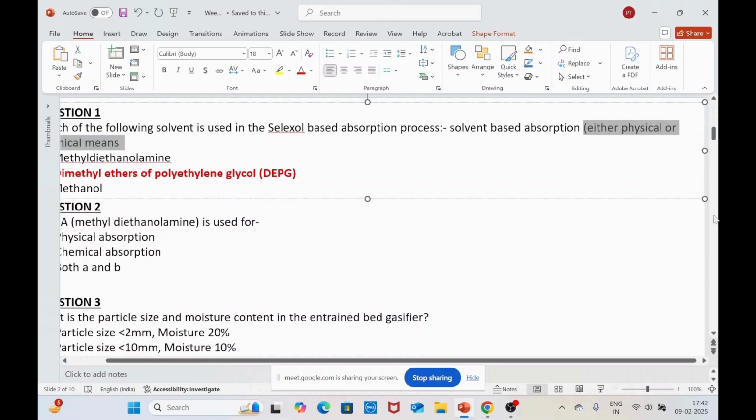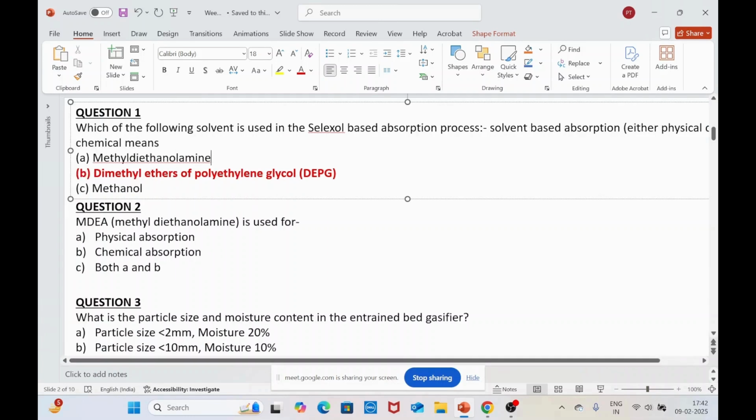As somebody rightly said, methyl diethanolamine typically undergoes chemical absorption.